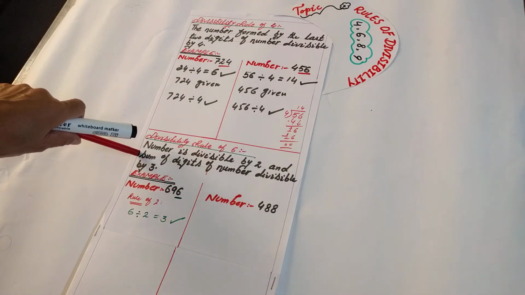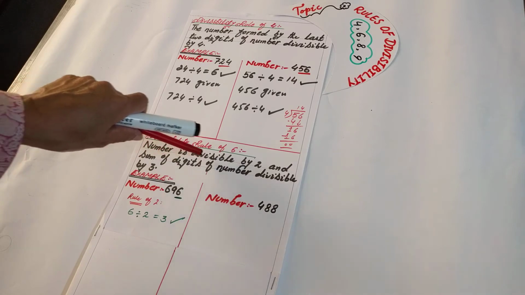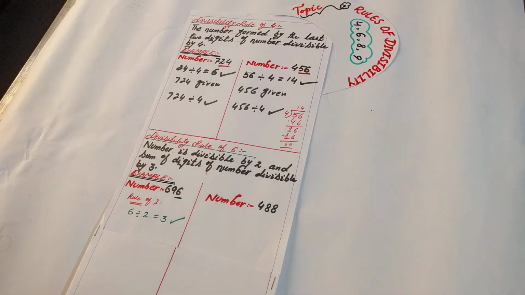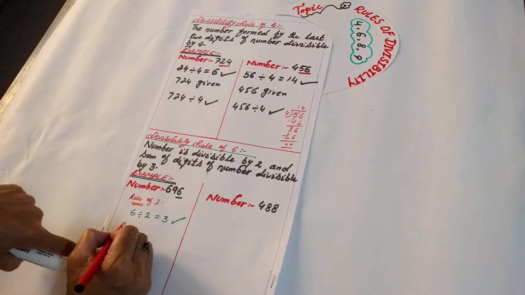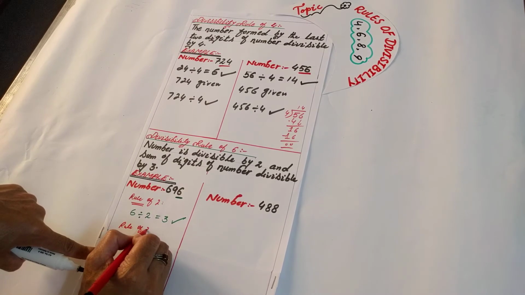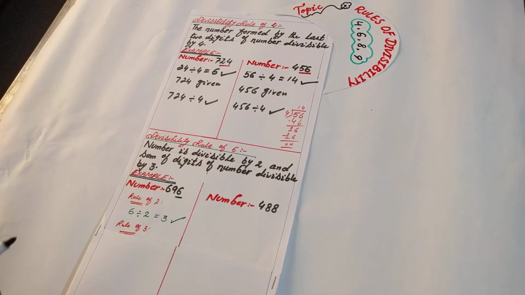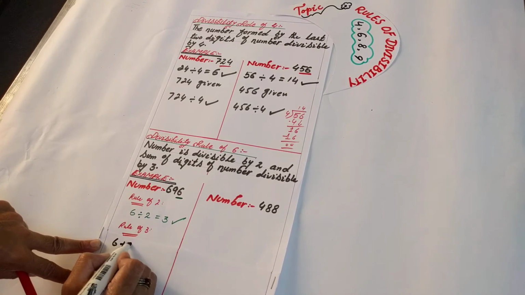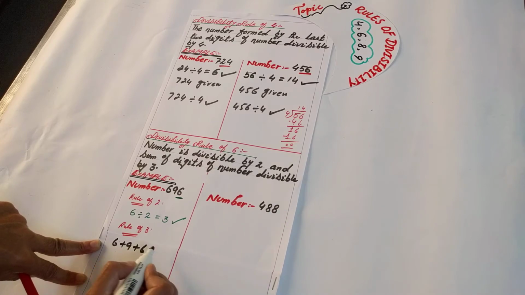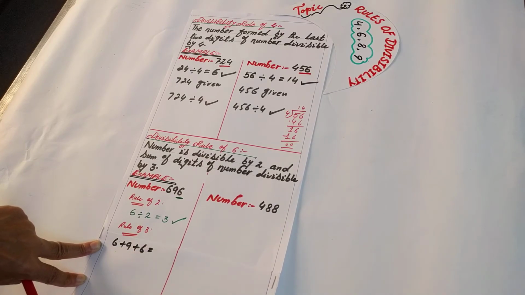Now we will check the second condition, the sum of digits of the number should be divisible by 3. Rule of 3. The sum of the digits: 6 plus 9 plus 6 is 21. The answer is 21.